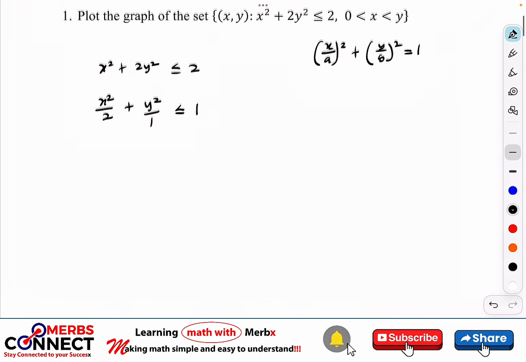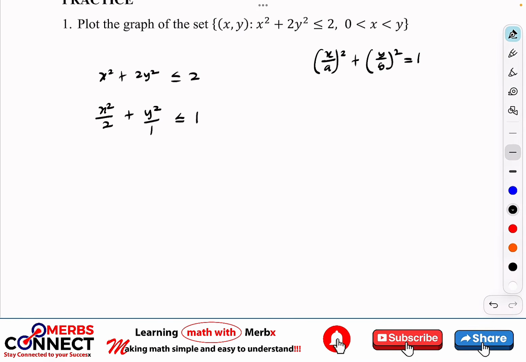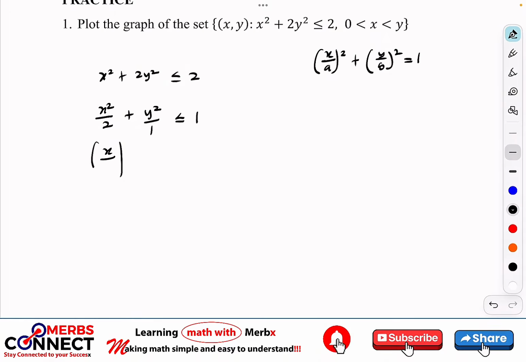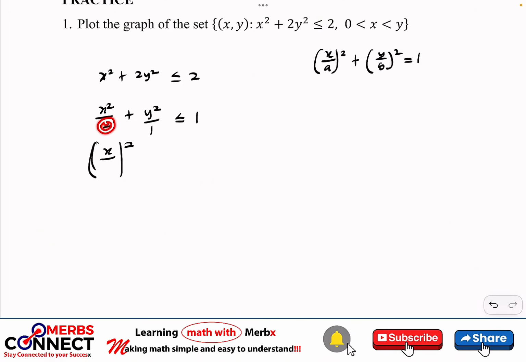So what can I do? Now I can write this one as x divided by... Now I want to put all of them under the parentheses. But when I square this, when I expand it back, I'll have a squared. This is 2, but because I want to put all of them in a square, I need to do something to the 2 so that when I square it, I get 2.